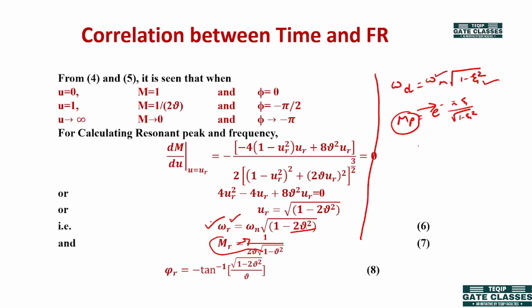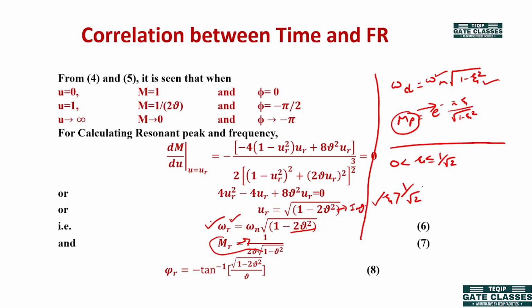So let us consider the value of zeta. Let's say in one case our zeta is varying from 0 to 1 by root 2, and in another case our zeta is greater than 1 by root 2. Let's consider first the case when our zeta is greater than 1 by root 2. So this would become imaginary.